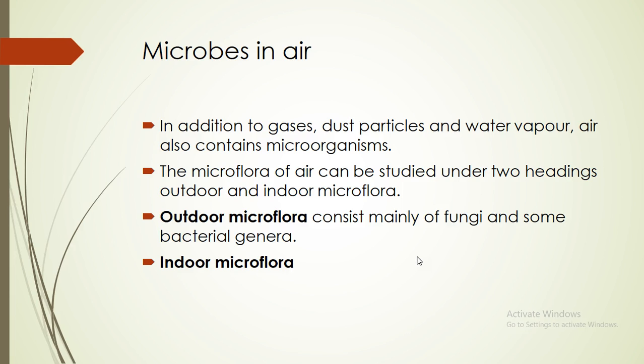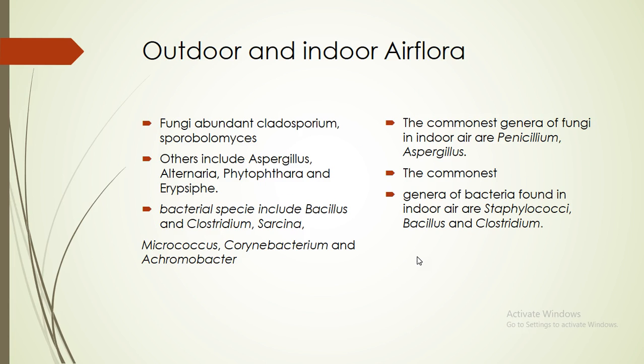Now we can study the microflora of air under two headings. The first one is the outdoor microflora, the next is indoor microflora. The outdoor microflora means the air which is found outside the buildings, and the more dominant microflora of the outside air are fungi.